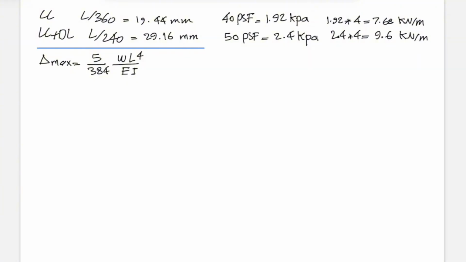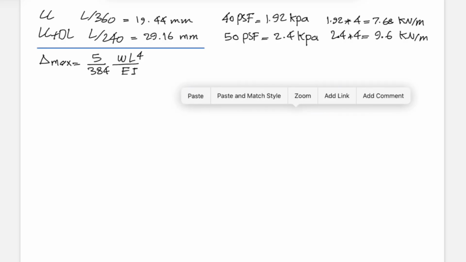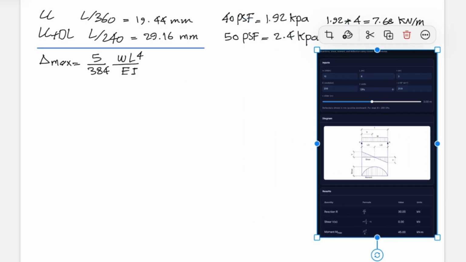To calculate the maximum deflection, you can easily use our online tool. I'm going to put the link in the description below.